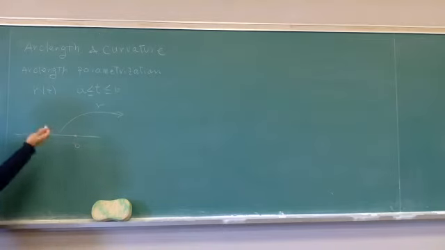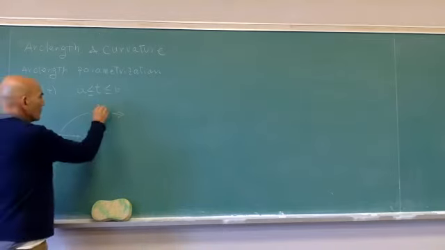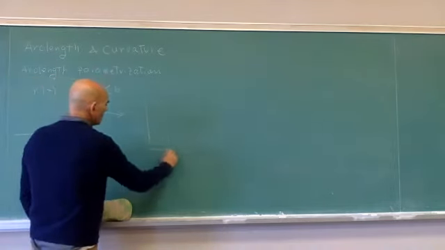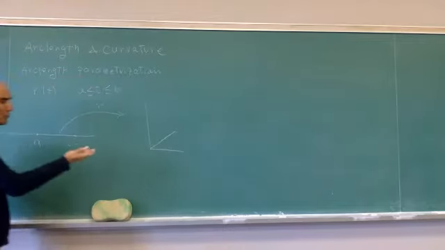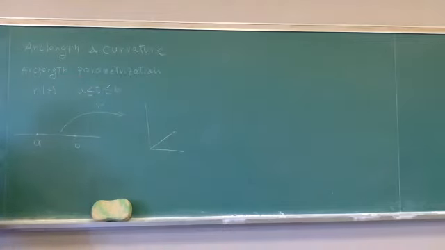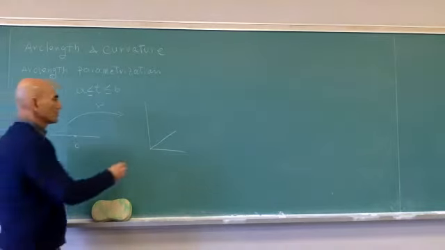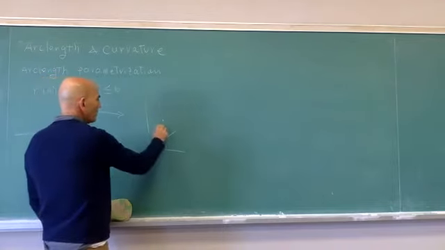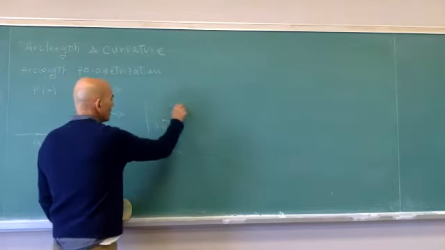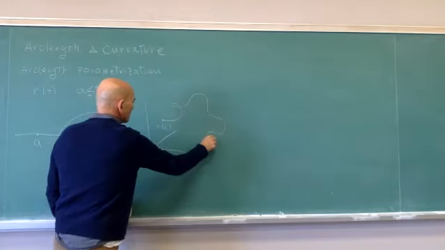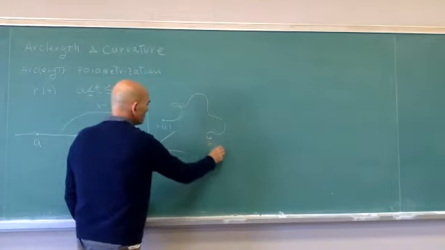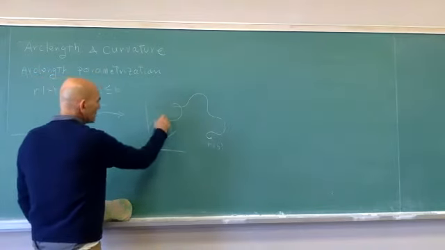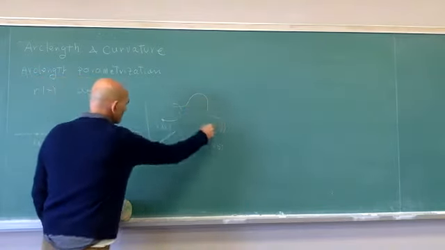You can think of it as a time interval, for example, or some parameterization interval, it doesn't matter. You go to three-dimensional space. You can go to two-dimensional space also, but in general, we go to three-dimensional space. So you start from a point here, R of A, and then you go on, and then you reach a point which is R of B. So we discussed that this is the idea of the curve.